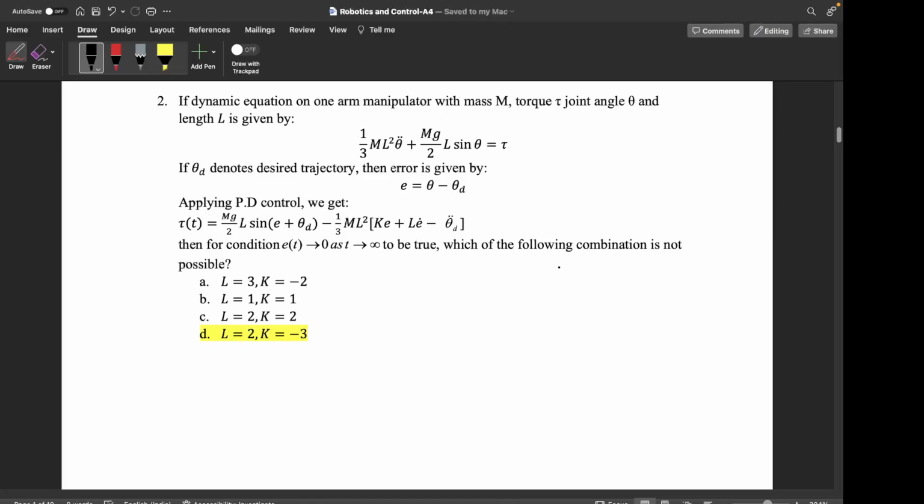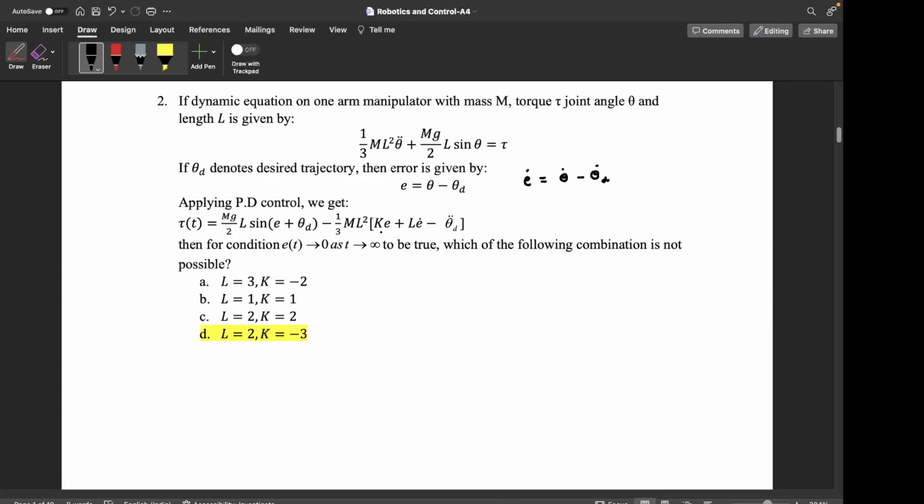And e dot would be theta dot minus theta desired dot. Here you can see that it's a PD control.